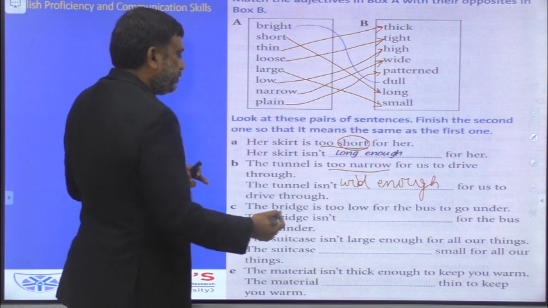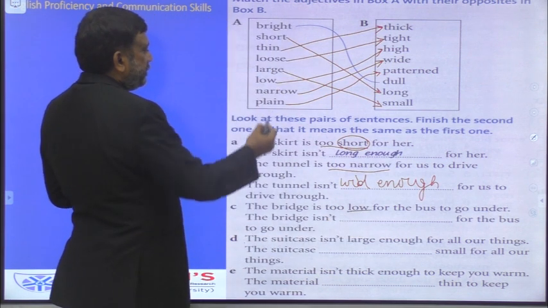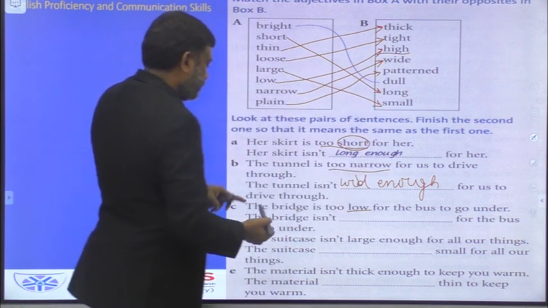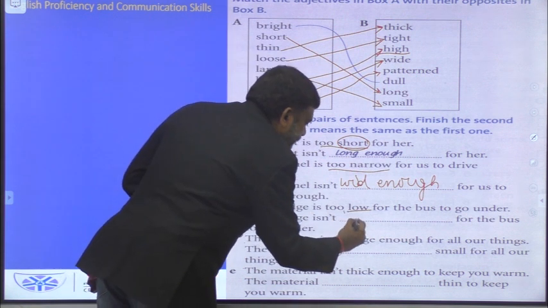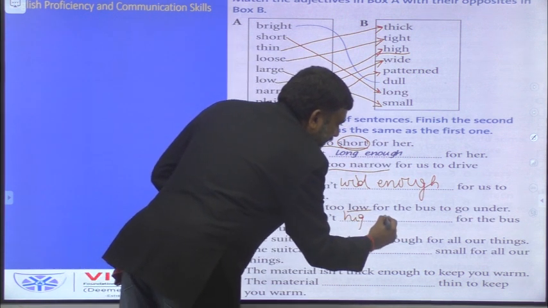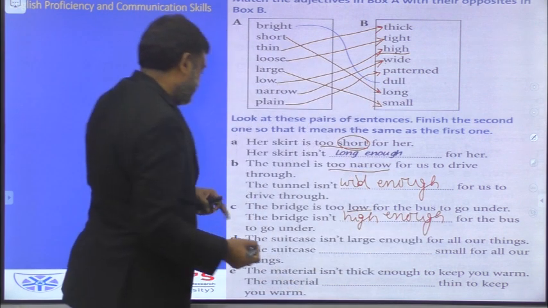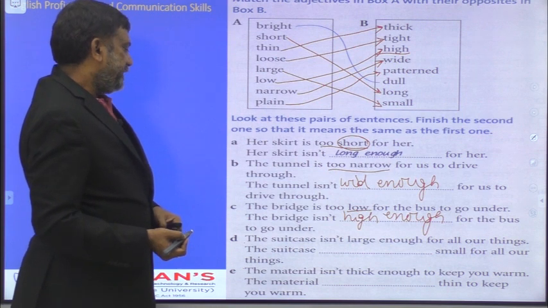The bridge is too low for the bus to go under. What is the opposite of low? Here it is high. So here what shall I use? The bridge isn't high enough for the bus.